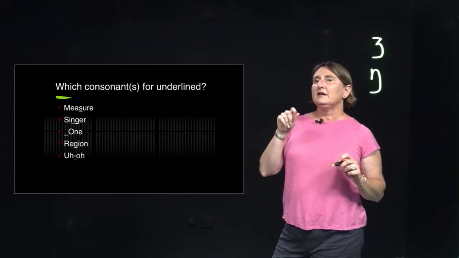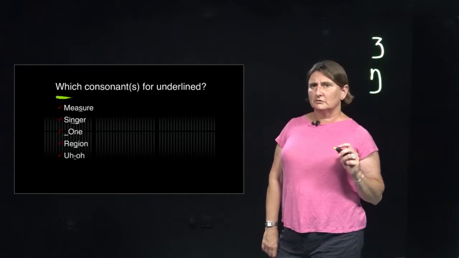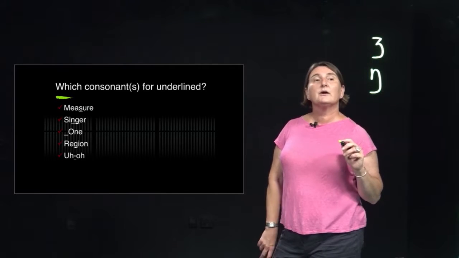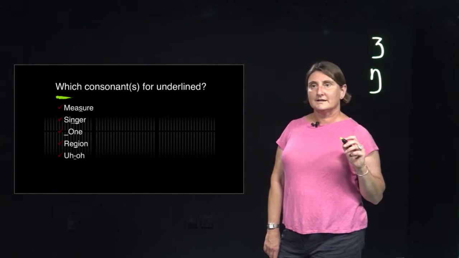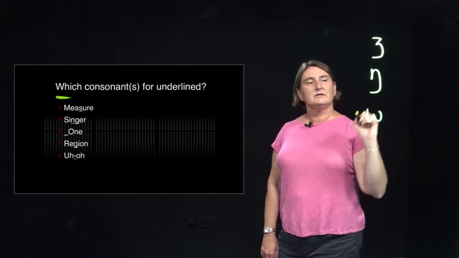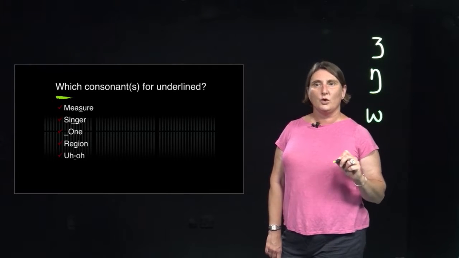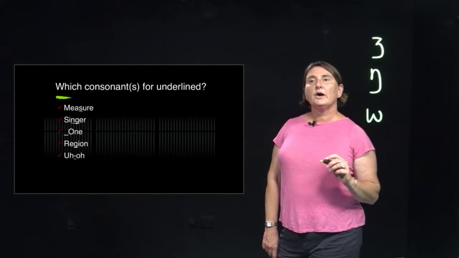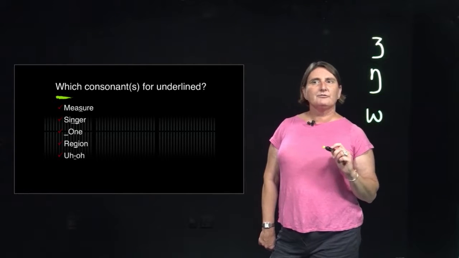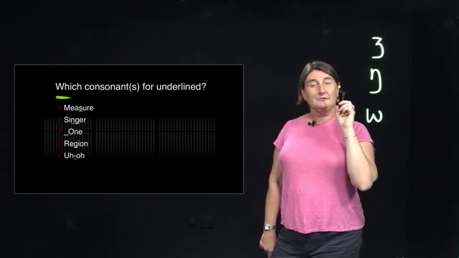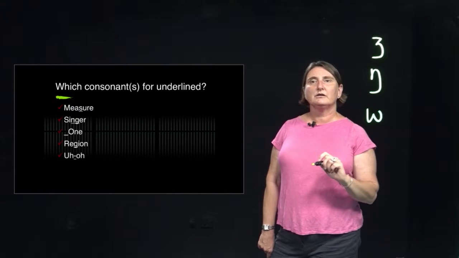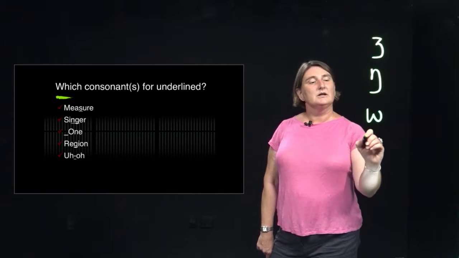Okay. Next word, one. I've not actually underlined anything, but there is a sound there at the beginning, a w sound. That's one of our intuitive symbols, so that'll be a W at the beginning of one. All right, now region. Ask yourself, does it sound just like the middle of measure, or is it different? Measure, region. Oh, it's different.